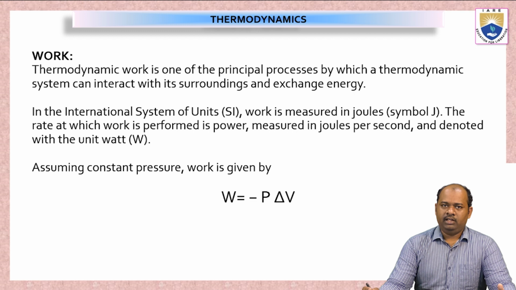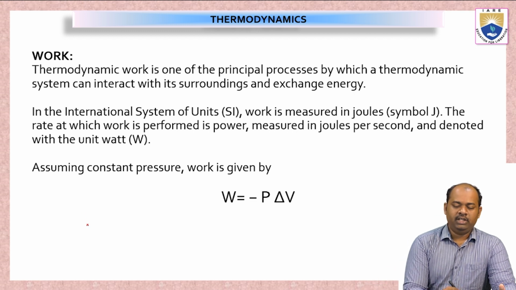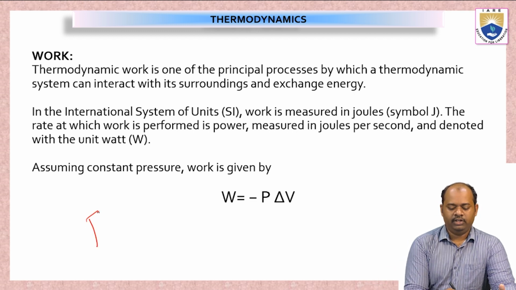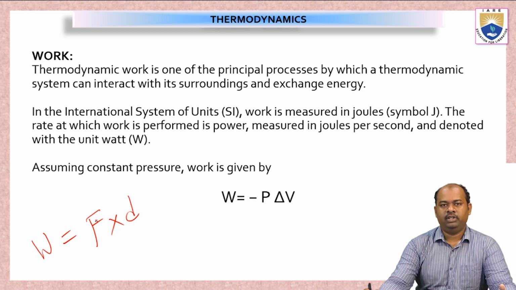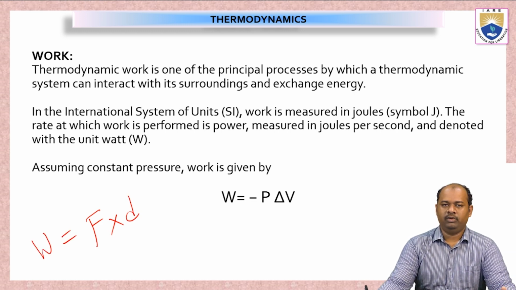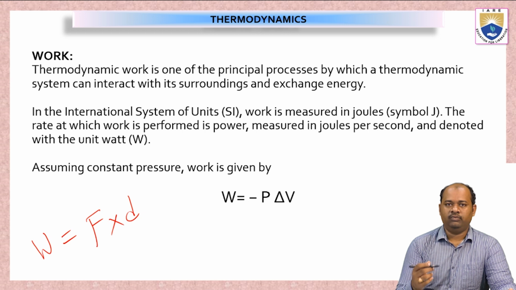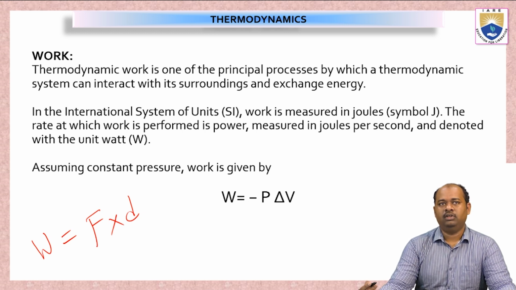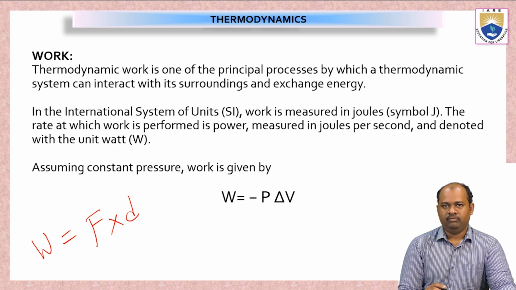In mechanical work, the formula is simply force into displacement. So this is mechanical work. There is no temperature involved, so the work will be calculated with the help of force multiplied by the displacement. Coming to the work in case of thermodynamics, it is completely different because it does not depend on force or displacement.